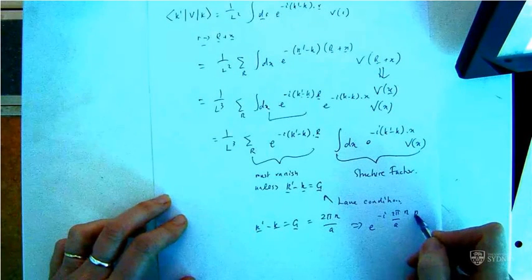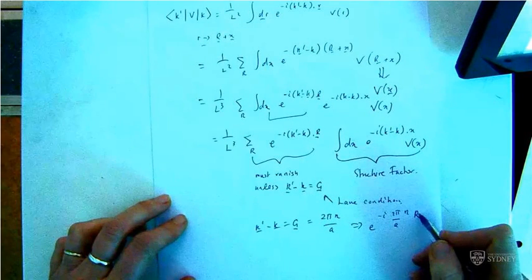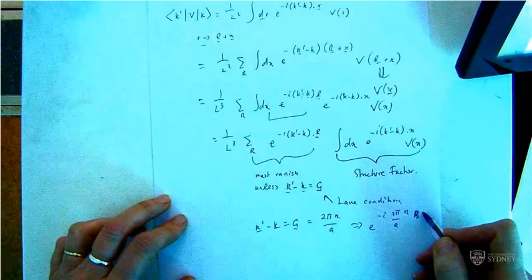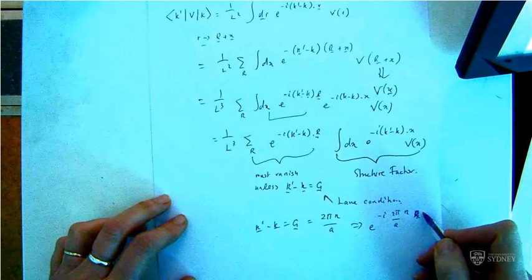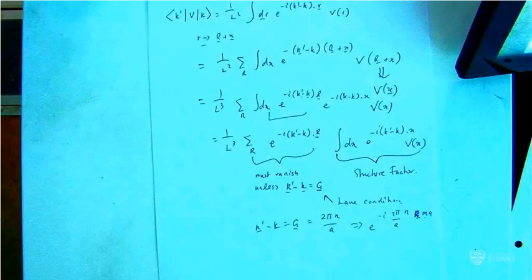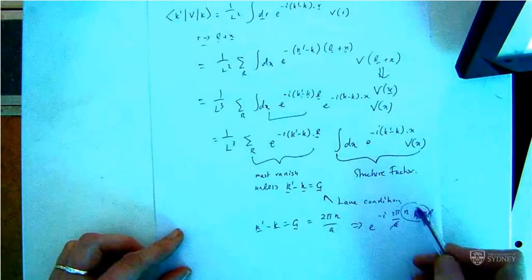So r was just a vector, which you can say in one dimension, if you like. Same for 3 dimensions, it is just some integer times the lattice constant in real space.